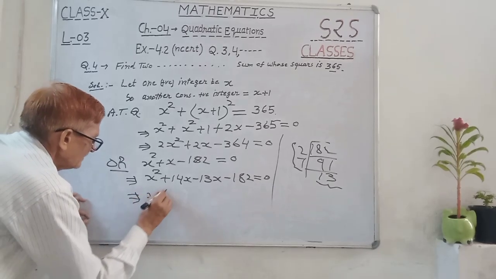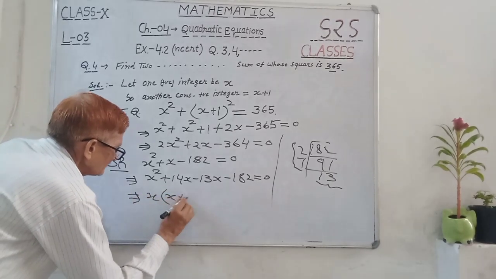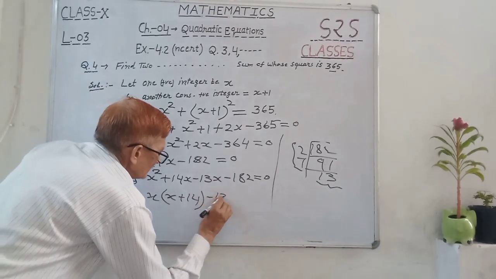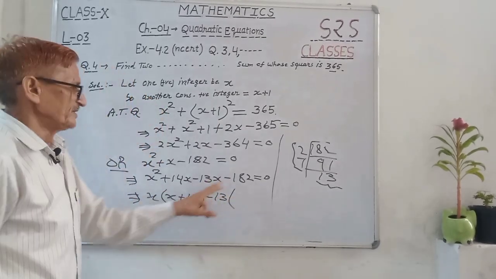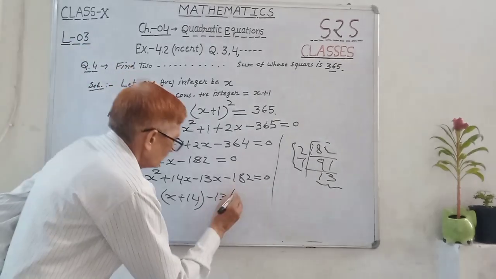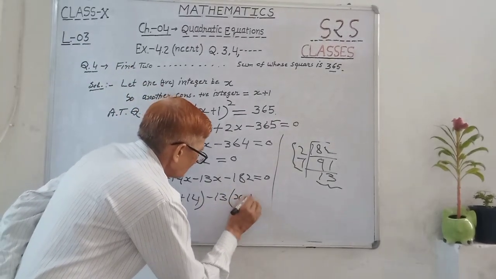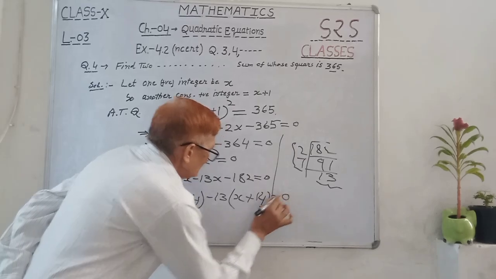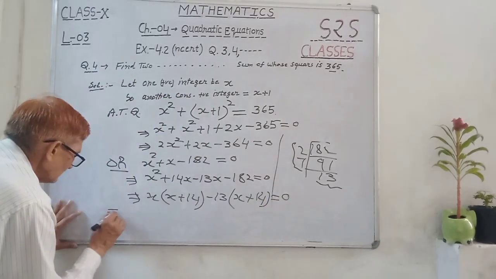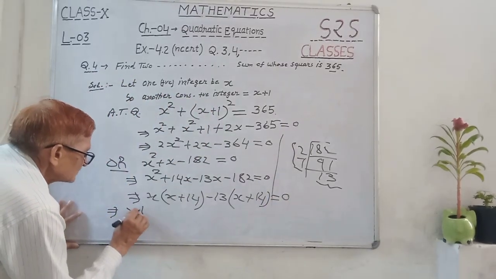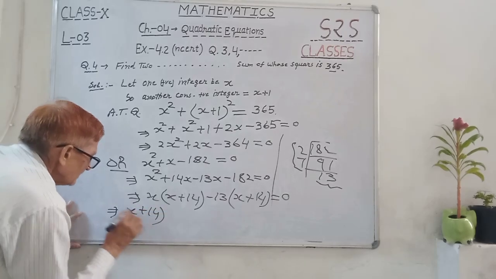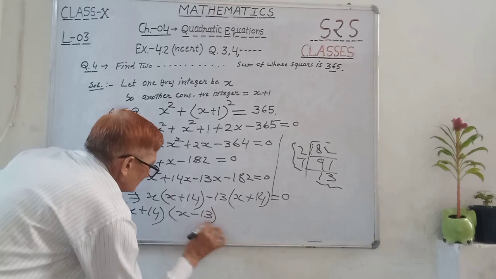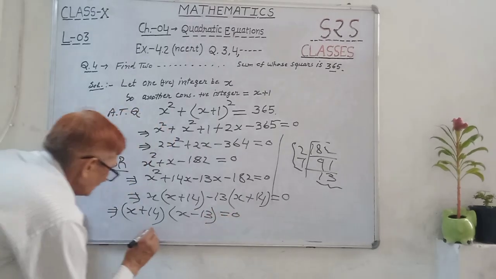Then after this, x common, x plus 14, and here minus 13 common in both these terms, and both will be positive, x plus 14 equal 0. Then two factors: one factor x plus 14, other factor x minus 13 equal to 0.